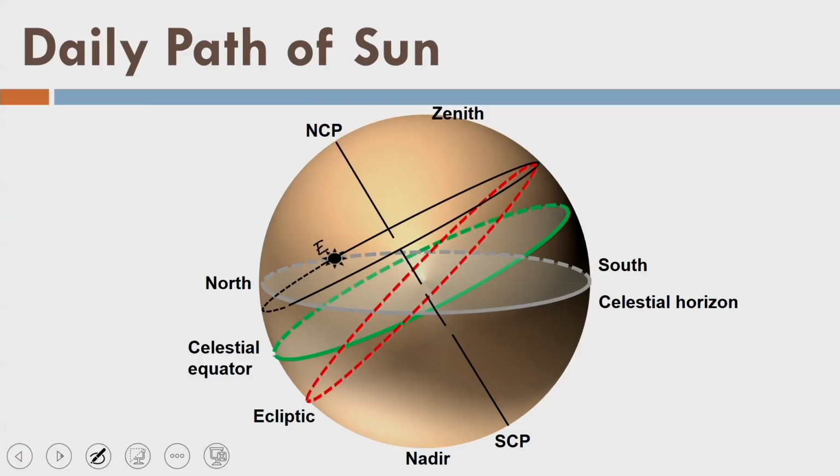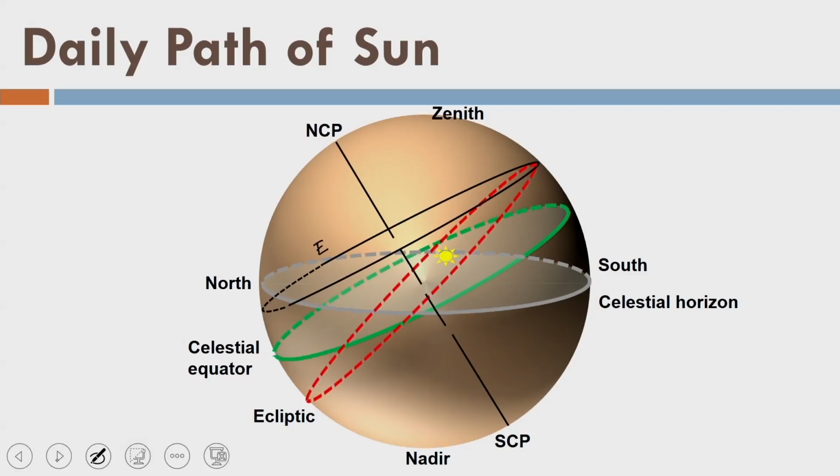So, in the season of summers it comes slightly northward, then it passes through the south, and that is why from north to south it will take a long time, and again south to north further if the sun is here. So, this is the point where the sun will rise and the sun is moving above the celestial horizon.